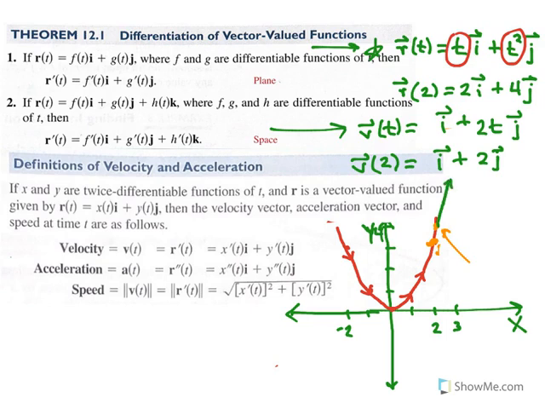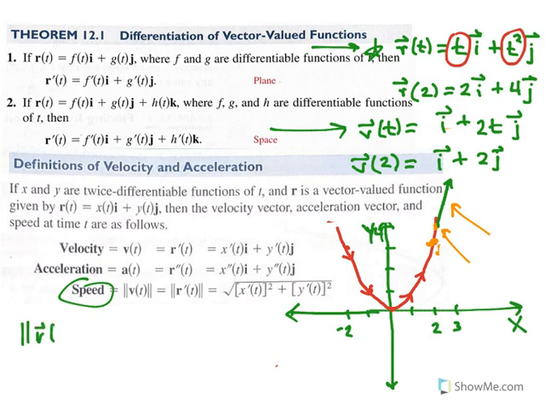So what that tells you is this is the direction in which the object is moving at time t is equal to 2. And the magnitude of this vector that I just sketched in green would tell you the speed of the object at time t is equal to 2. So if you wanted to find the speed function for this particular object moving in the xy plane, speed is the magnitude of the velocity function.